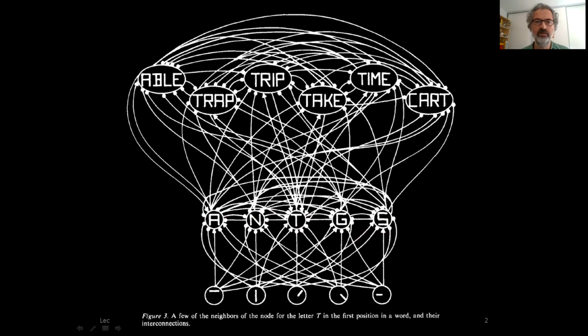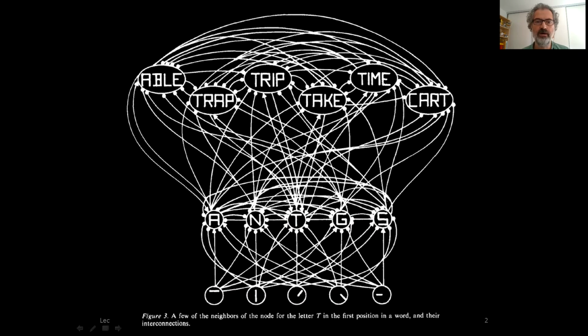However, if you're looking at the word trip, which includes the letter R, the letter R in second position will still receive the same amount of visual information from the features for the second position. Remember, the second position is not shown in this simple diagram, but there are units for every feature in second letter position and for every letter in second position that aren't shown here.